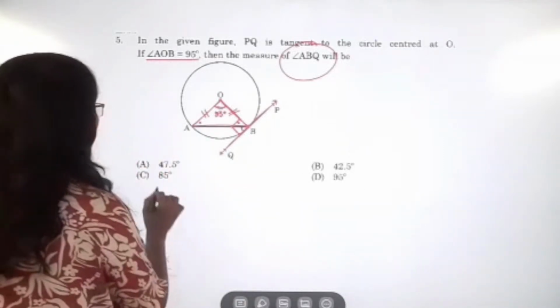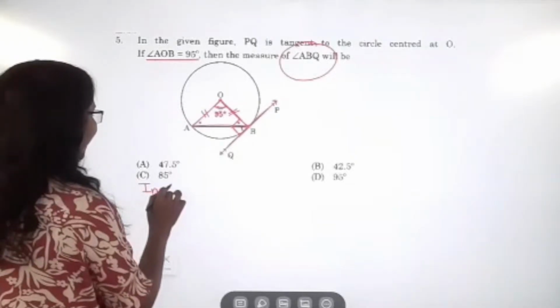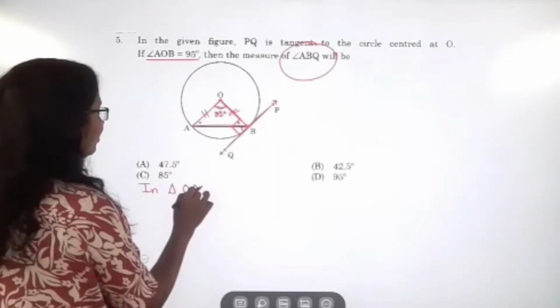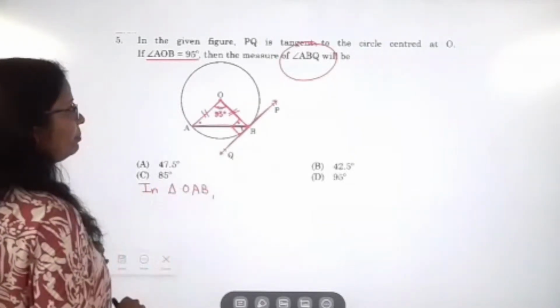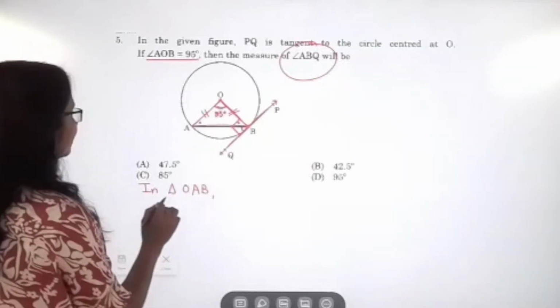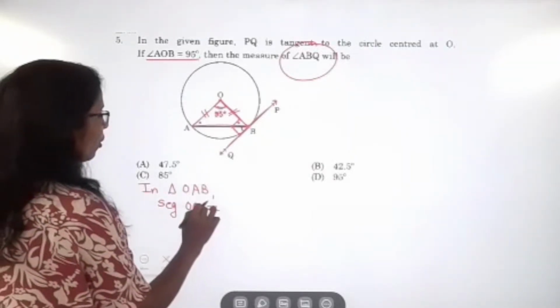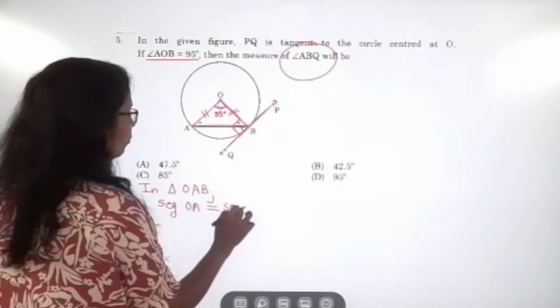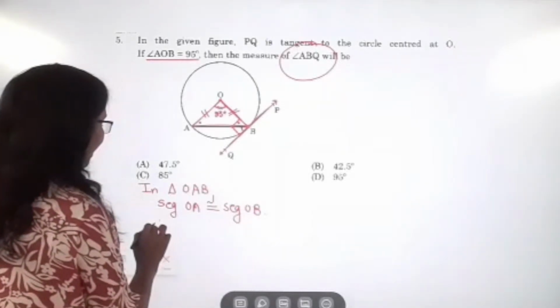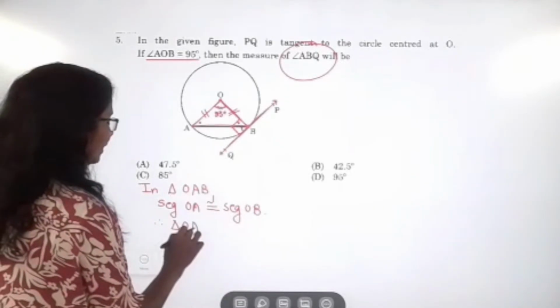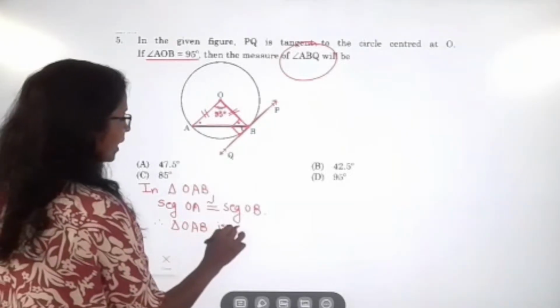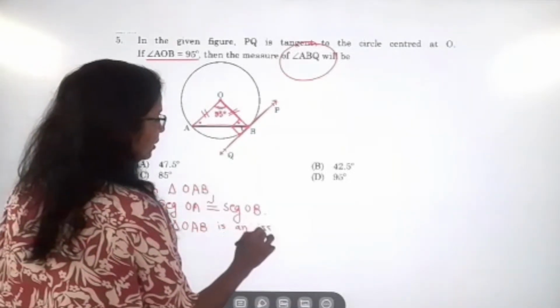So first students, we write down that in triangle OAB, segment OA is congruent to segment OB. Therefore, triangle OAB is an isosceles triangle.